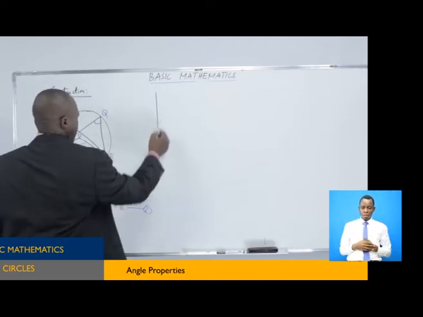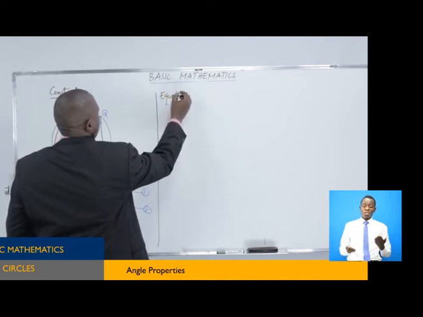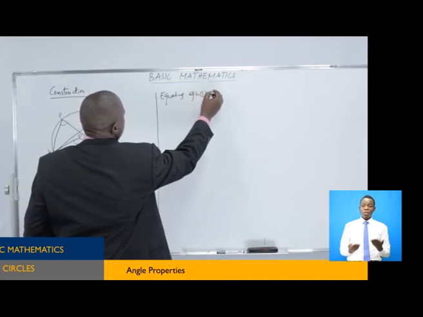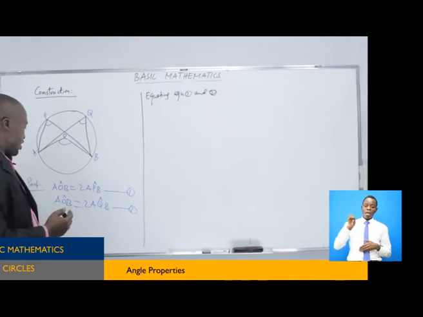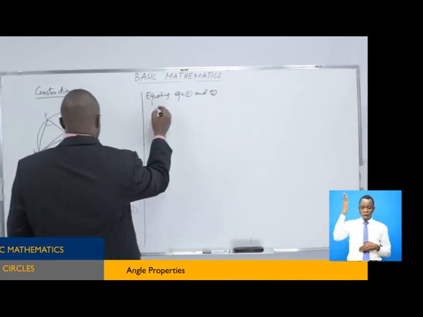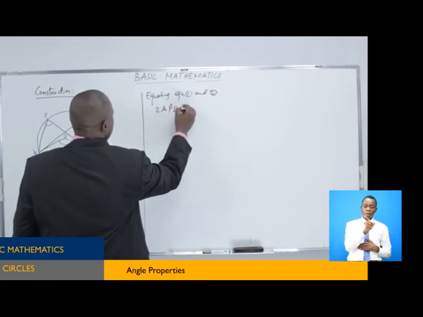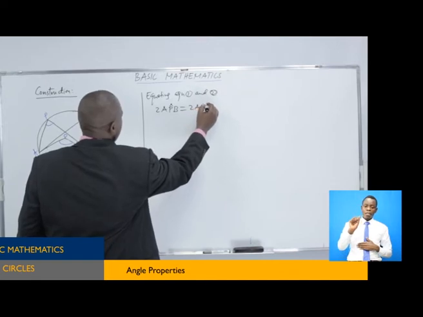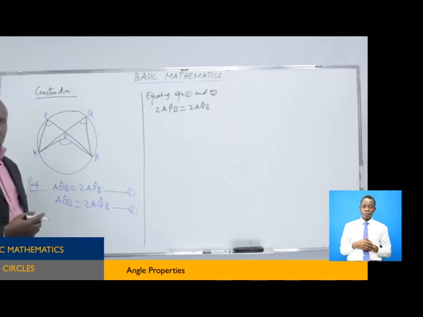So we say, equating equation 1 and 2, in this case, we say 2APB is equal to 2AQB. That is according to the two equations.